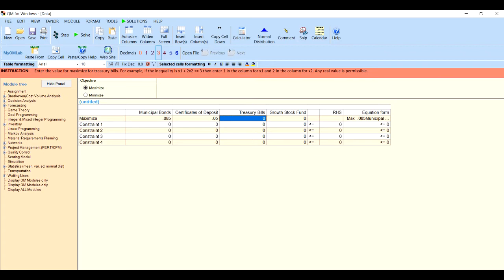So multiply by 20% and we get $14,000. So we know the most we can invest in municipal bonds is $14,000.